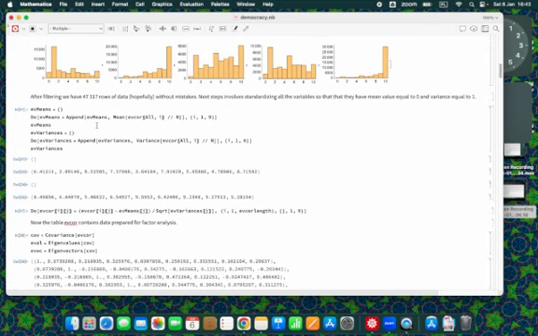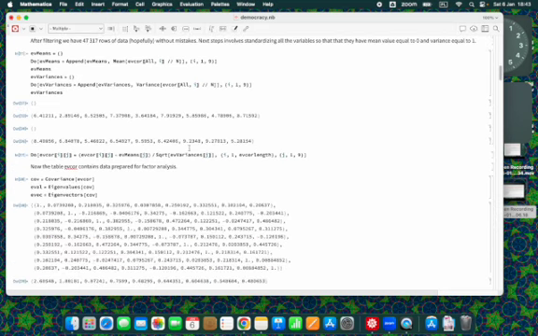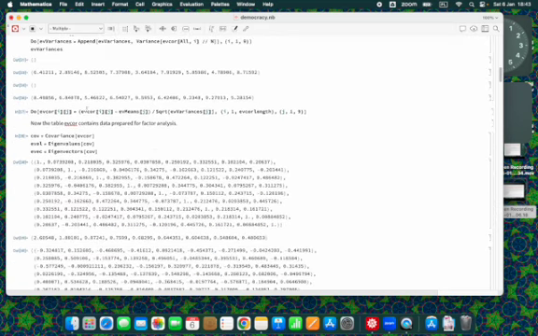Next step: because factor analysis is done on standardized data, this is what we do. We calculate means for all the 9 variables. We calculate variances for all the 9 variables. And finally, we standardize our data.